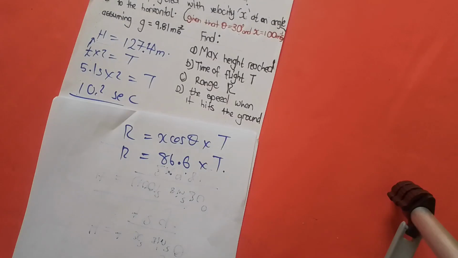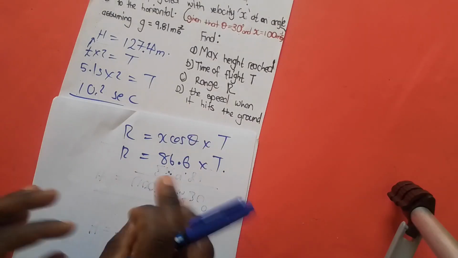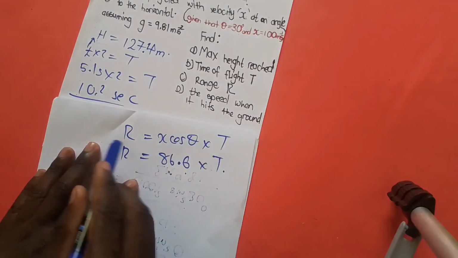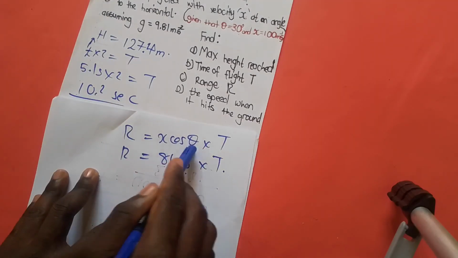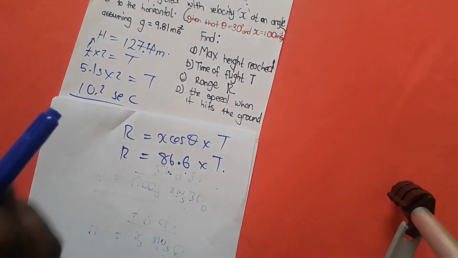So we're going to use that to calculate the range. I want you to pay attention to this simple trick now. The formula to calculate the range is x cos theta times t, where t is equal to the time of flight, right?